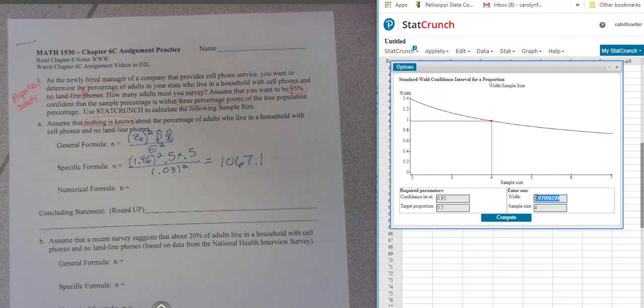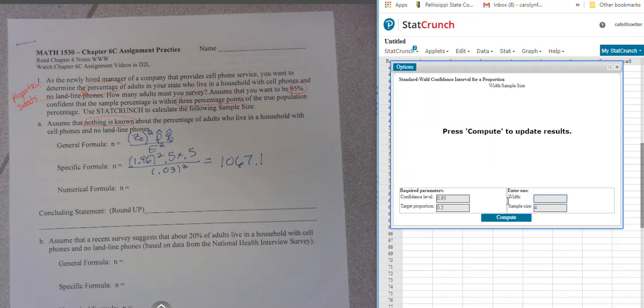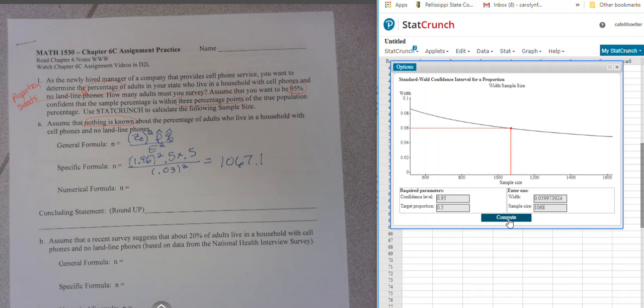And then the width, this is important, is always 2 times the margin of error. So the margin of error in this problem is 3 percentage points. So 2 times 0.03 would be 0.06, and then we're going to hit compute.